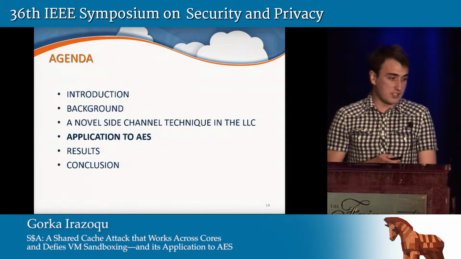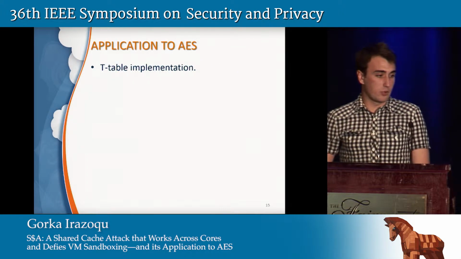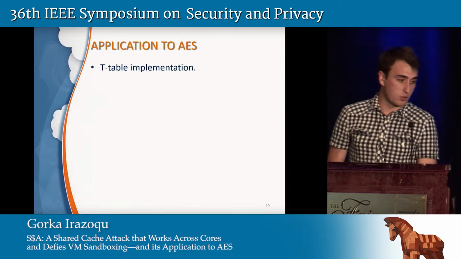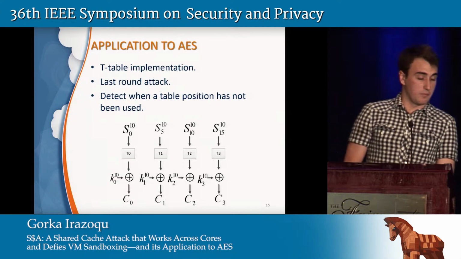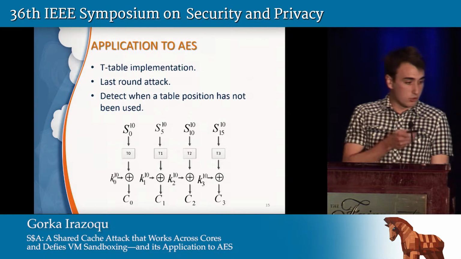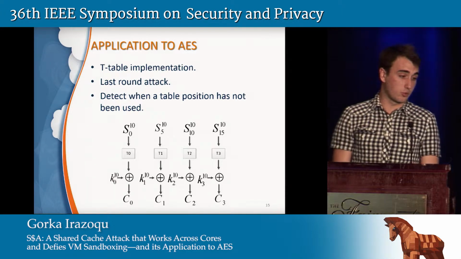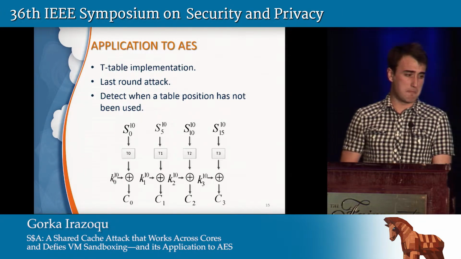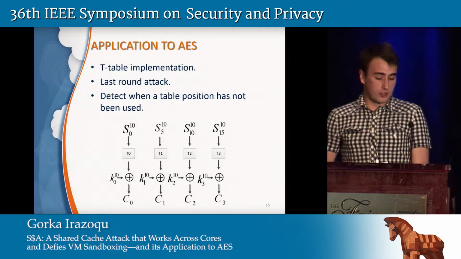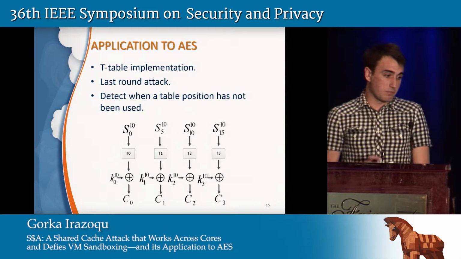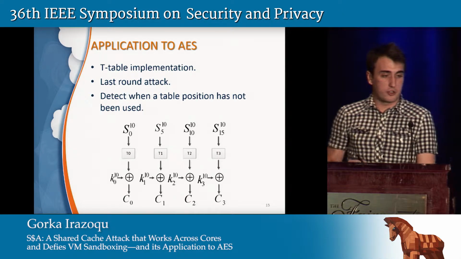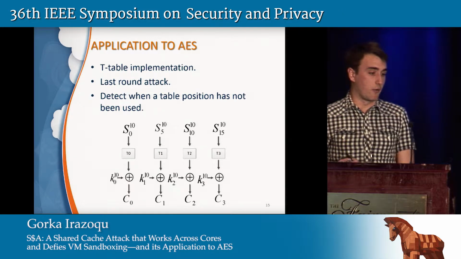So how can we apply this to AES? Indeed, we're going to apply this to a T-table implementation of AES, and we're going to apply a last round attack, where the last round of AES looks somehow similar to what we are seeing in the slide. So we're going to try to monitor when a T-table position has not been used. Let's say that we're monitoring table position number 1, right?